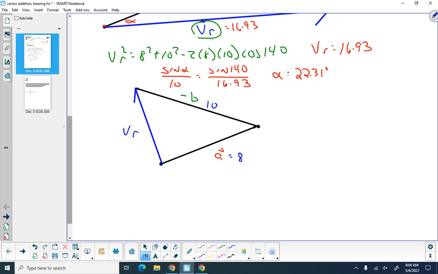We don't give this a length of negative 10 because I have a negative B there. The magnitude or the length of it is still a length of 10. This is what we originally had, and we had that angle is 40 degrees.